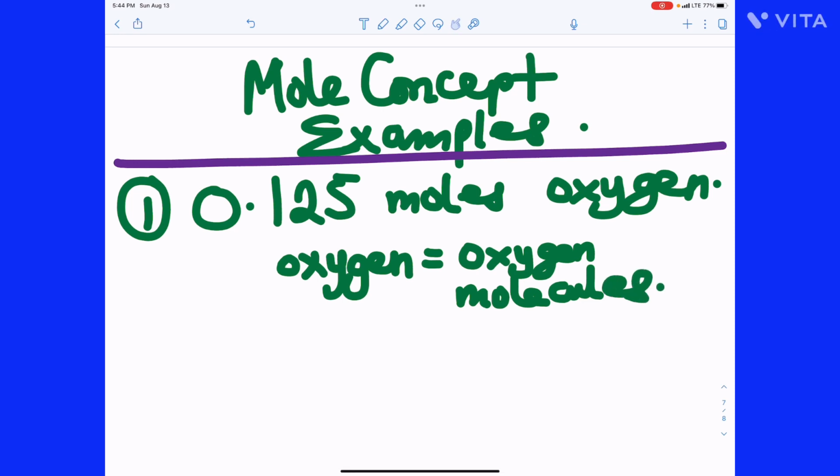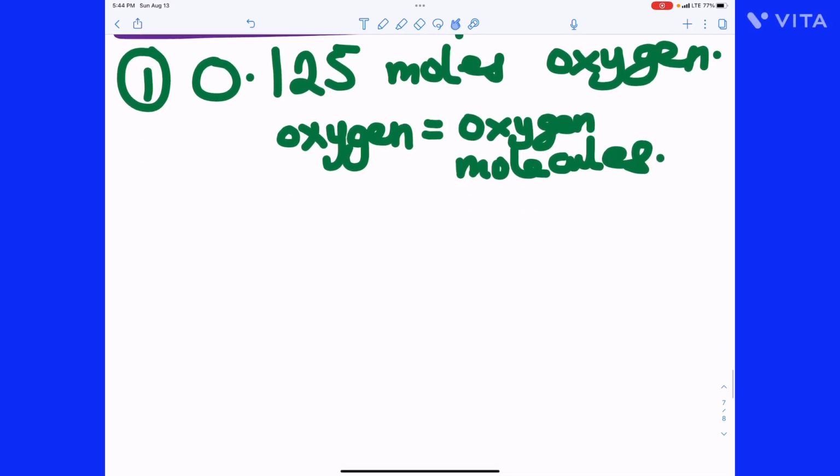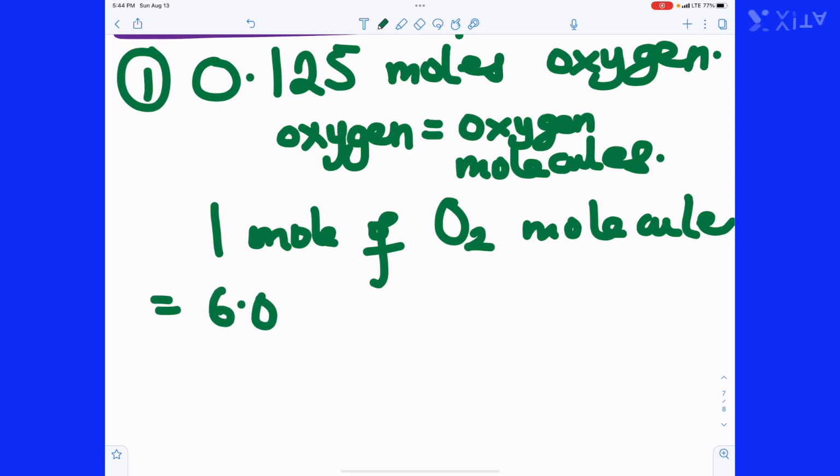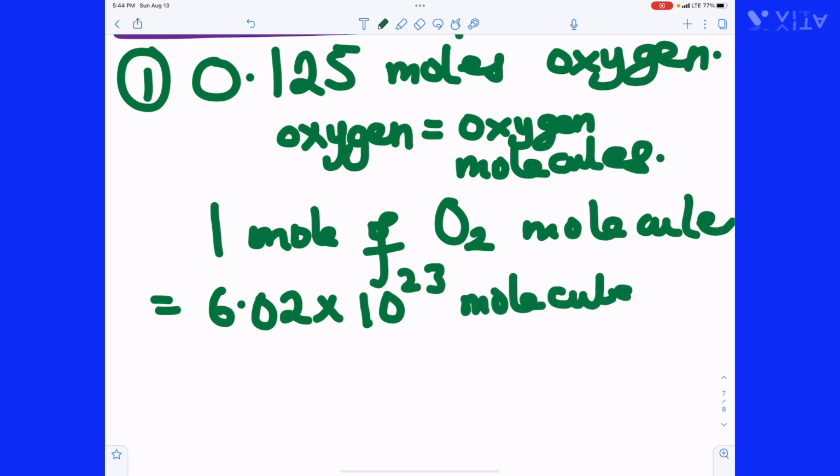Oxygen molecules. So here, first thing you need is 1 mole of oxygen molecule, or let's simply say 1 mole of oxygen contains 6.02 times 10 raised to the power 23 molecules of oxygen.